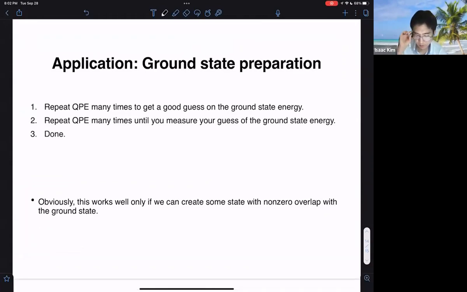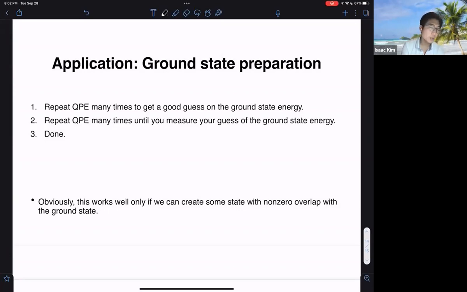The upshot of this strategy is that it suffices to have a small overlap with the ground state. Even if your overlap is just 1%, 10 to the minus 2, you still have a non-zero probability of actually preparing the ground state.